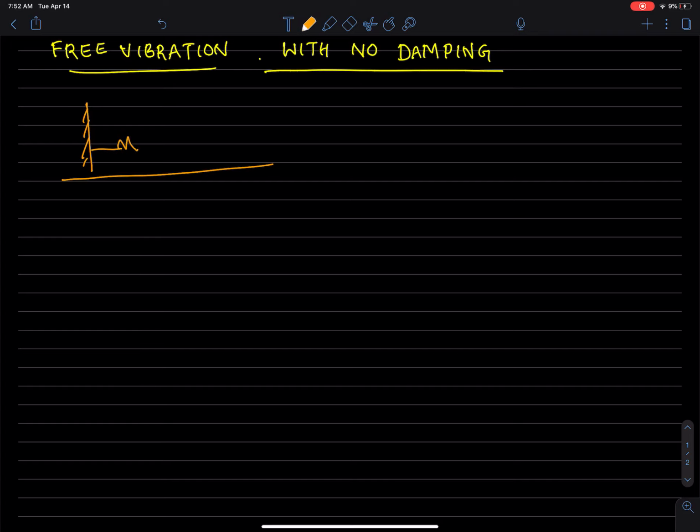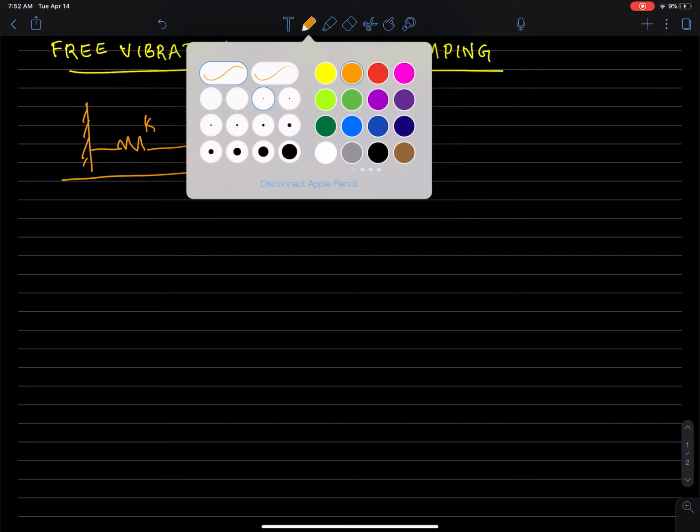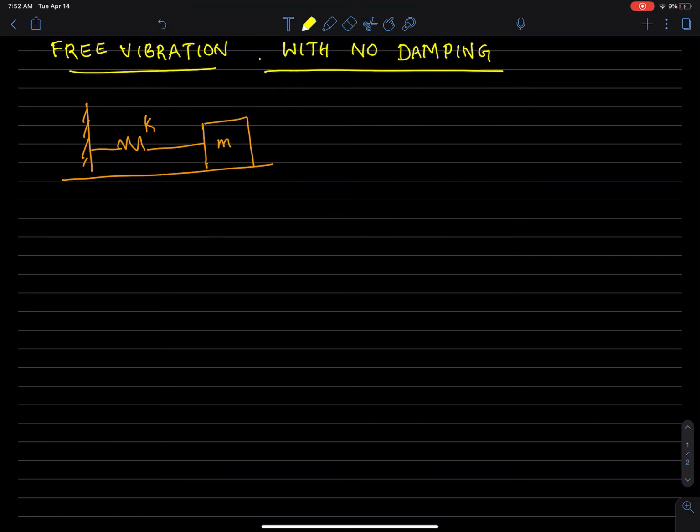We have a spring attached to a mass M, spring stiffness K, and we are measuring X from the free length, or the stress-free length of the spring, okay?